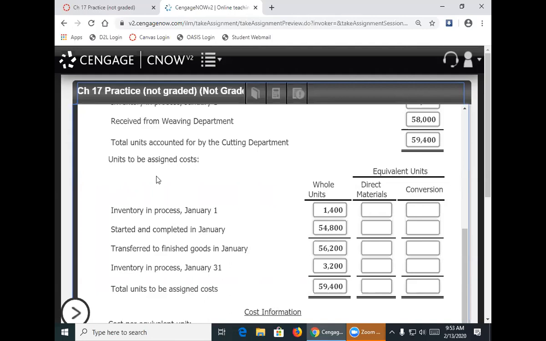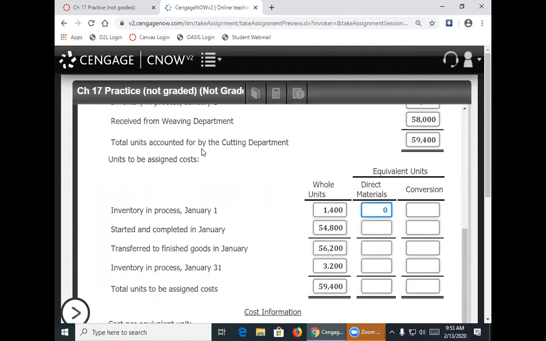So those costs for the 1,400 units for materials have no additional costs in this period. If that doesn't make sense, just know in beginning inventory for materials, it's always 0 equivalent units. It takes no more. We don't have to add any more materials. They're already 100% complete.